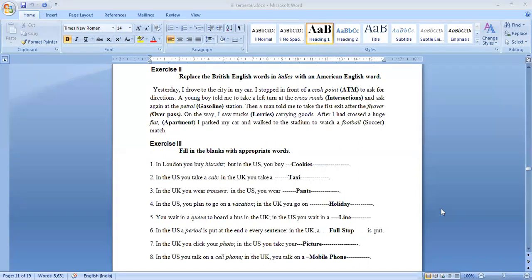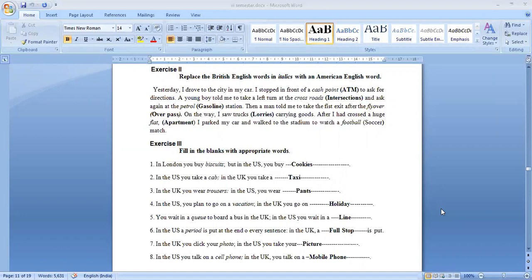These words are used by British people in their language, but these words have different equivalents in American English. So now we try to identify the suitable American words for the words that are given in italics.